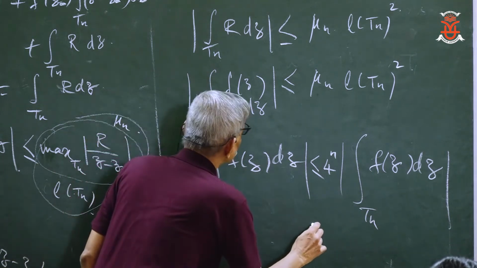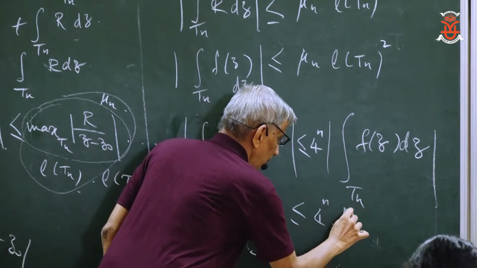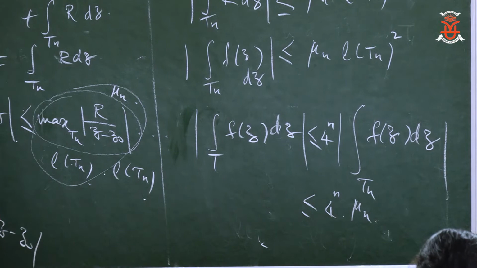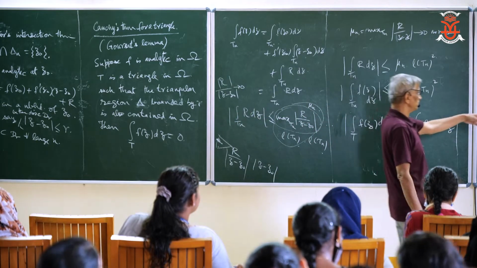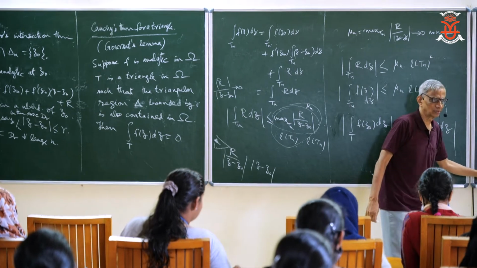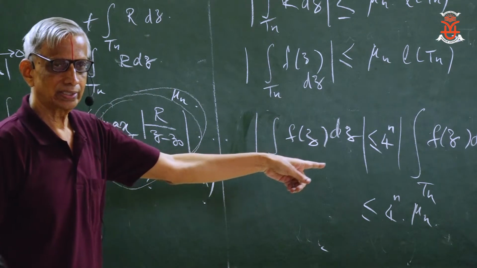So this is less than or equal to 4 power n mu n length of Tn. What is length of Tn in terms of length of T? Length of Tn is 1/2 to the n length of T.